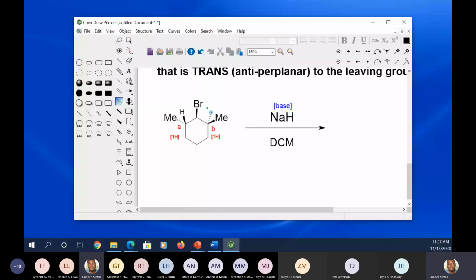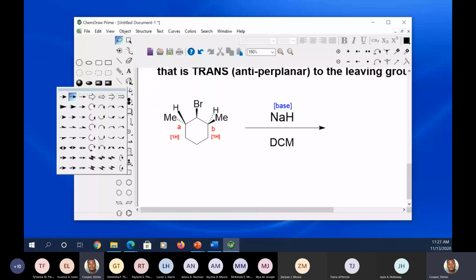On a dash, right? So there's still a stereochemical relationship that has to happen between these atoms. And we said that the leaving group, which is the bromine that's on a wedge, and the H that we pull have to have a trans relationship to each other. So which one has that trans relationship?